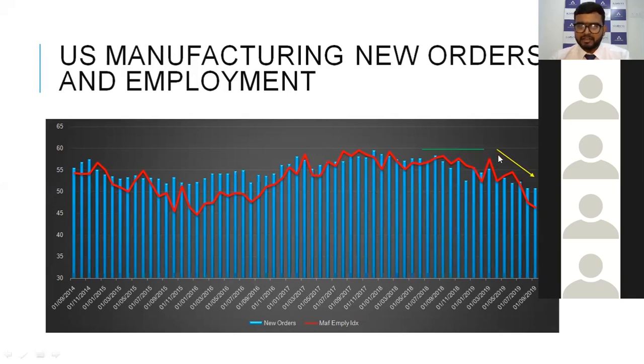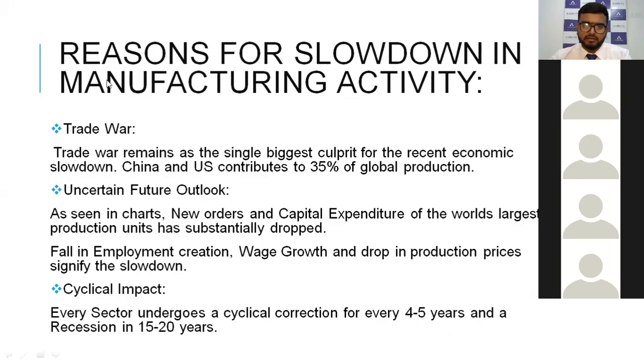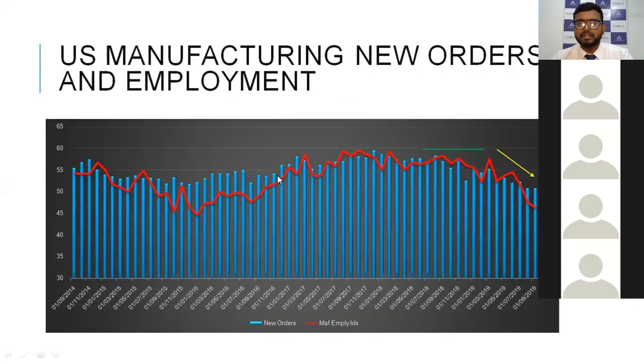The new orders are coming down, and you can also see that companies are hiring fewer manufacturing employees because they don't have any activity to do in the near future, and there is also a large uncertainty going forward that they may stop or slow down production for some time. Because of this uncertainty, they are not hiring many people into manufacturing activity.